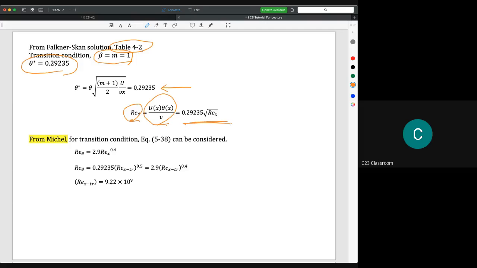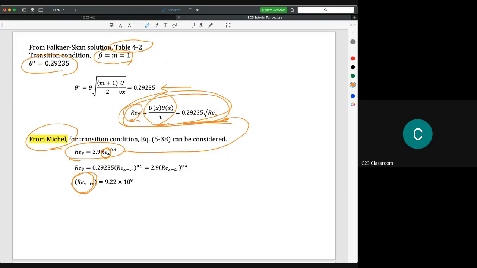If we see Michel's solution, Michel wrote Re theta is equal to 2.9 Re x to the power of 0.4. So what we do is actually equalize the idea from Michel with the idea of Falkner-Skan. Then we could calculate the value of the Reynolds number x, which we assume is the Reynolds number of transition here. It is equal to 9.2 times 10 to the power of 9.